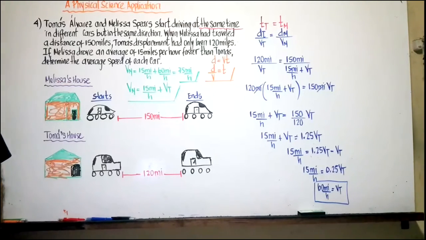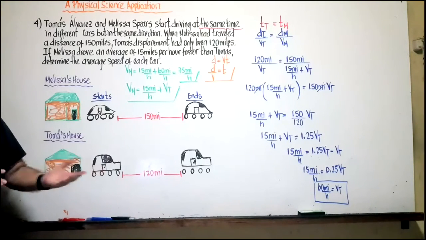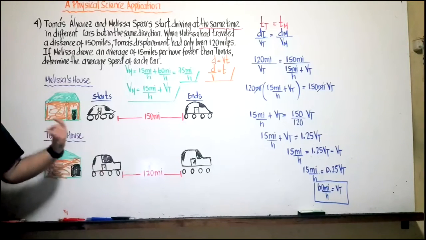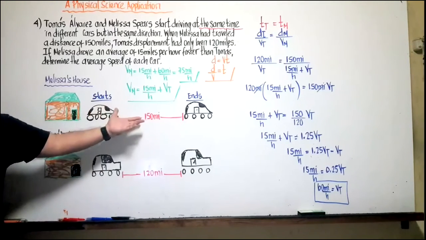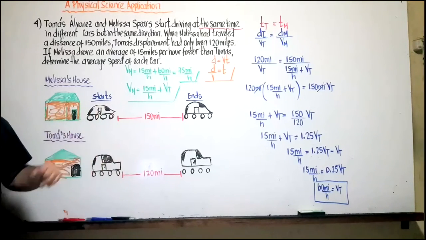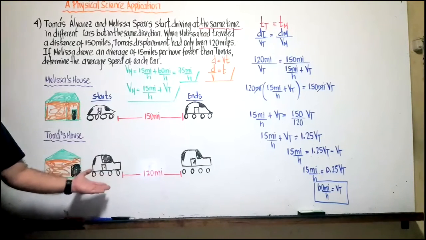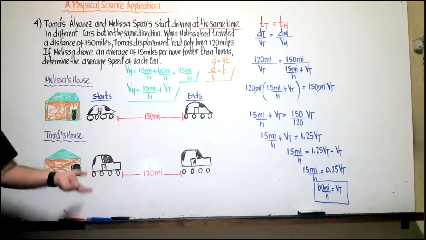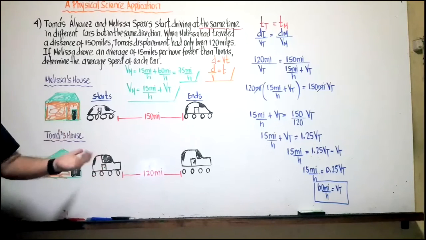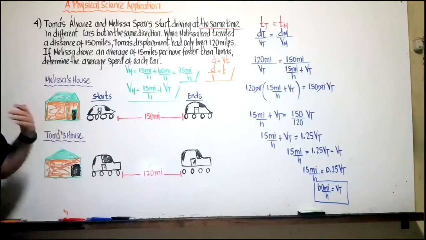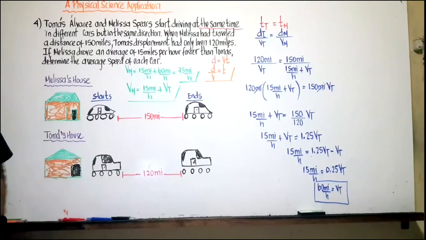This makes sense, because if you are driving faster than another person, you're going to move more distance than another one who's moving slower, right? And that's why Thomas is moving only 120 miles, because he's moving 15 miles per hour slower than Melissa. If you want to check the answer, we're supposed to have the same time, right?